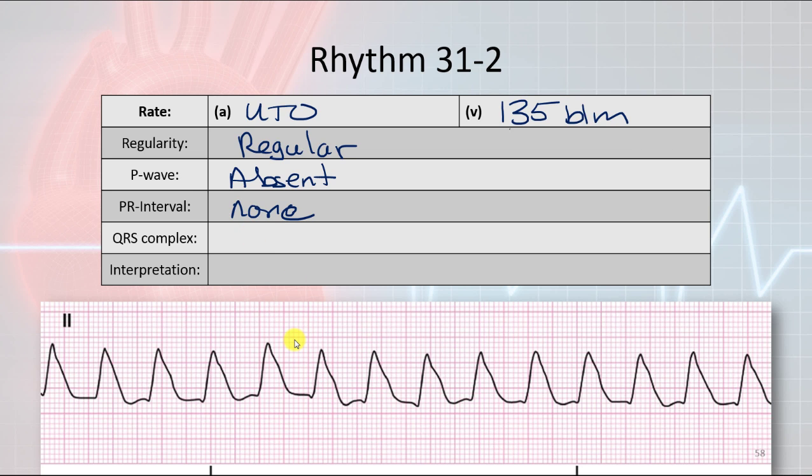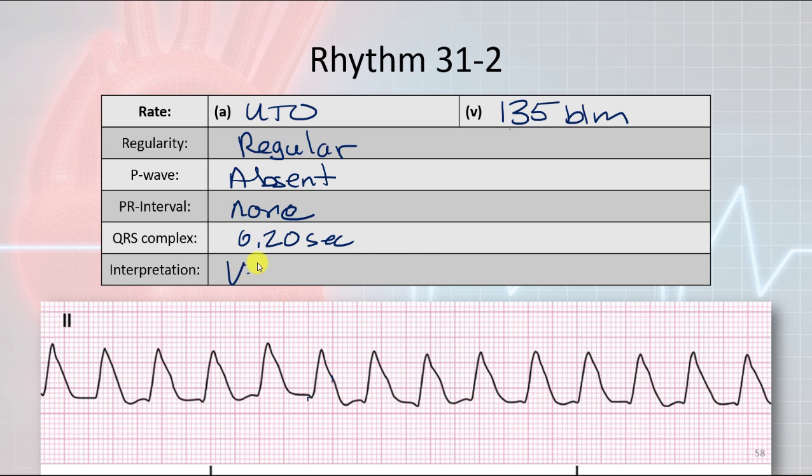QRS complexes. Here's another one, really hard to tell. I identified this initially as the beginning of the QRS complex all the way down here. This is actually part of your T wave down here. So I stopped measuring right there. So to me, this came out to a 0.20 second QRS complex. Still very wide.